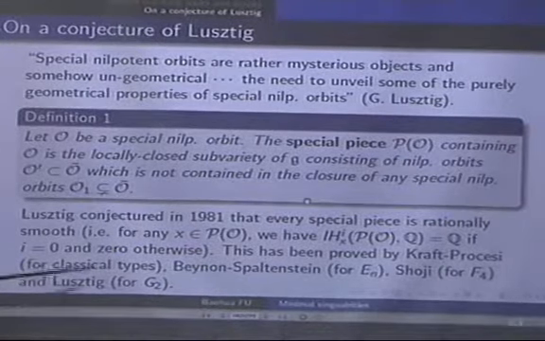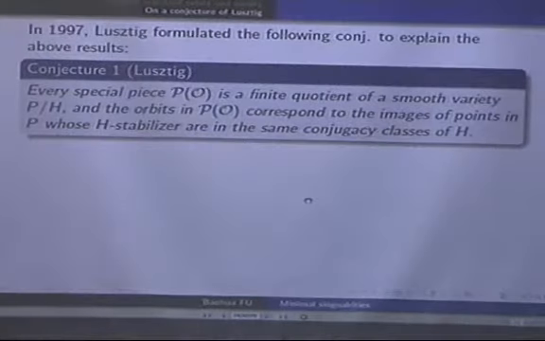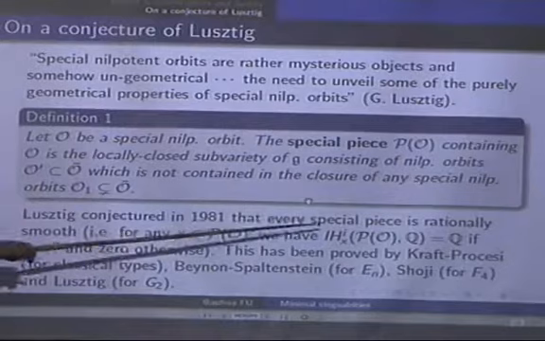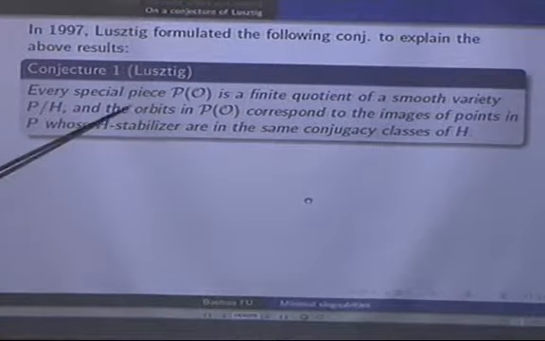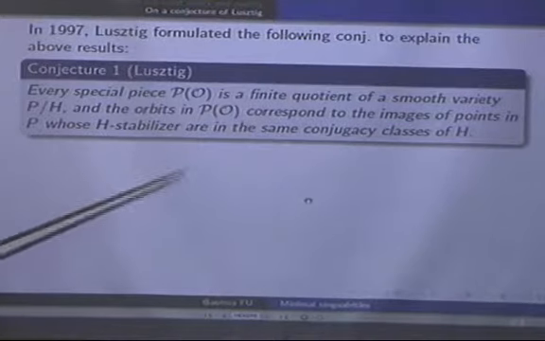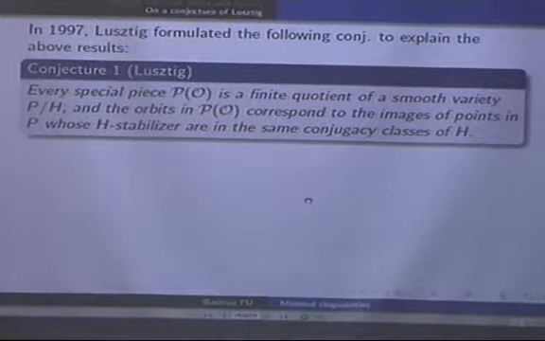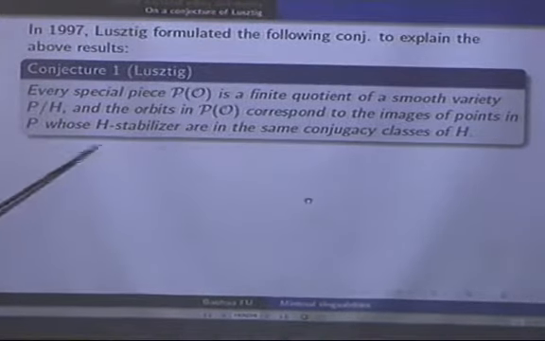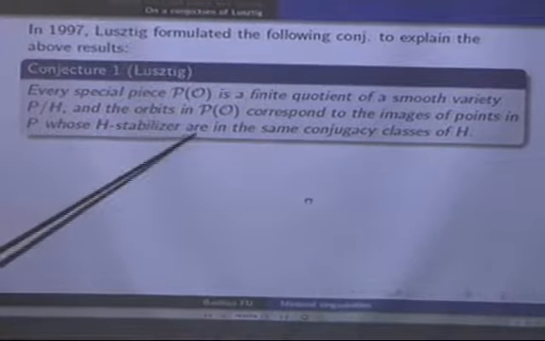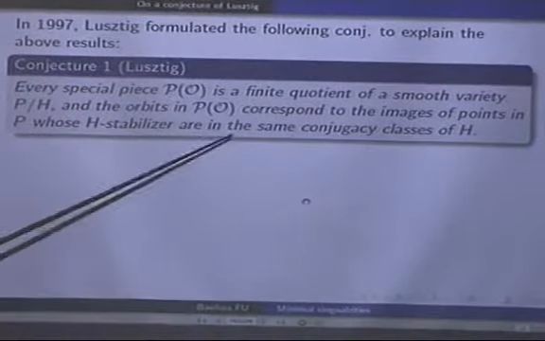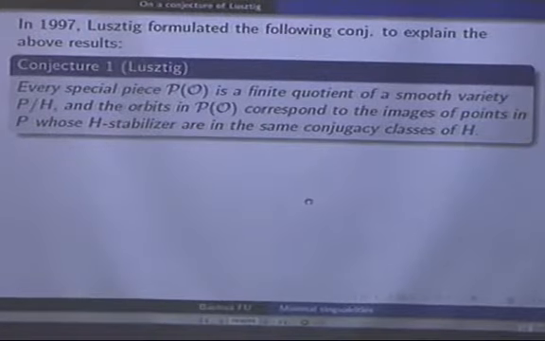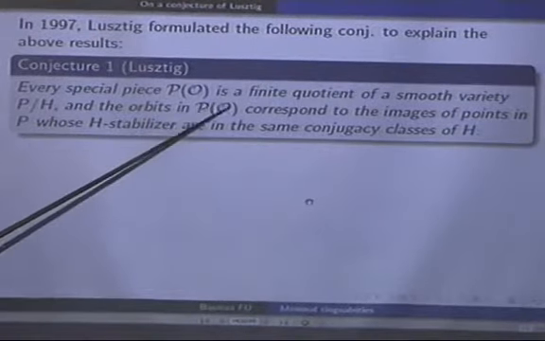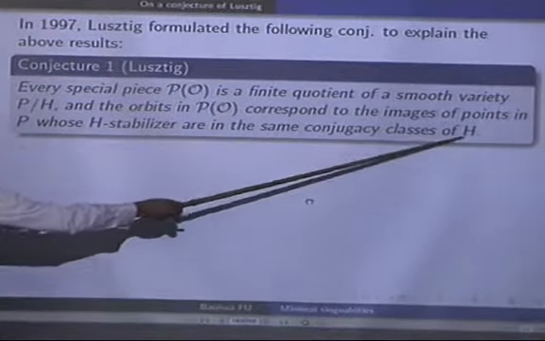So for this purpose, in fact, Lusztig conjectured in 1997, to explain the rational smoothness, that every special piece is a finite quotient of a smooth variety, and also each orbit in this special piece corresponds to the set of images of points whose stabilizers are in the same conjugacy class of H. It means nilpotent orbits in the special piece correspond to the conjugacy classes inside this finite group.